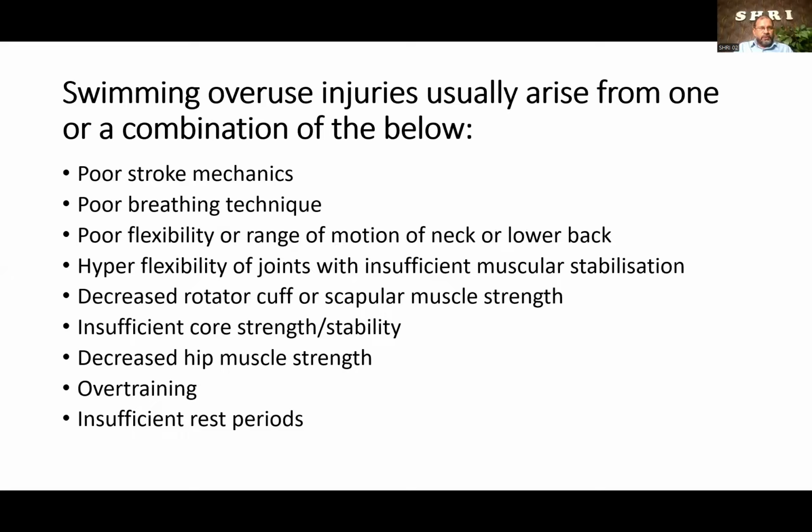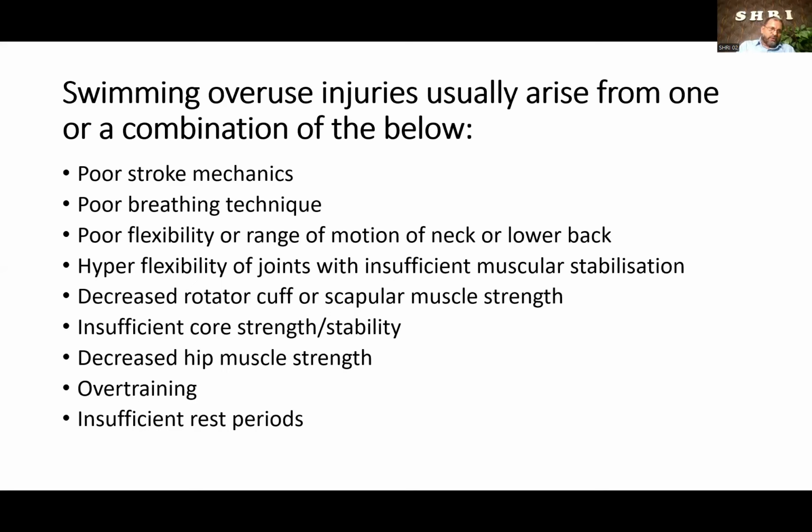So from the trunk only, it has to generate the energy. Then decreased hip muscle strength: the lower limbs are connected to the trunk through the hip muscles. So there must be good strength of the muscles which connect the lower limb to the body.